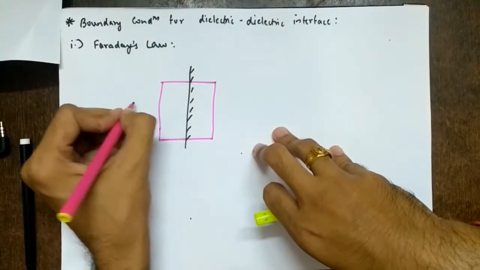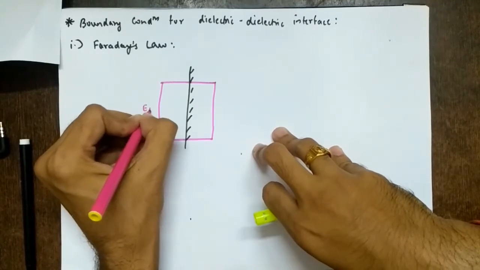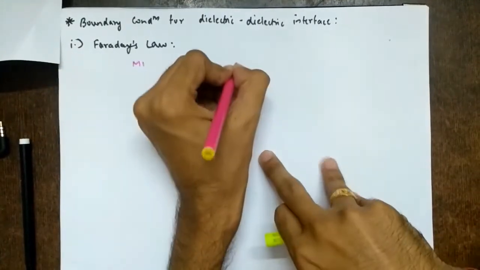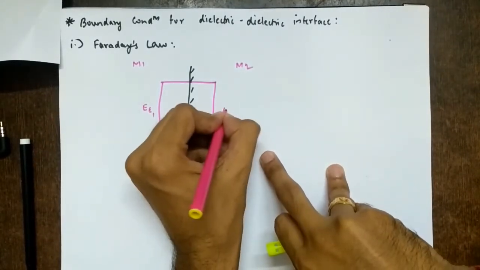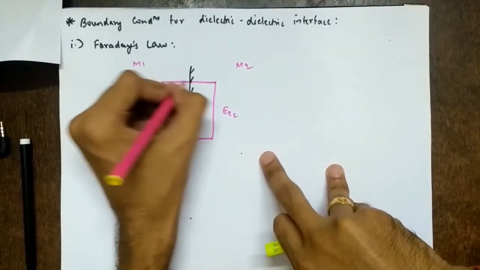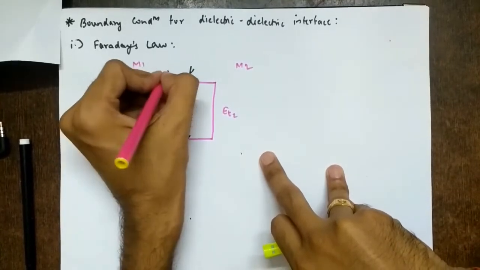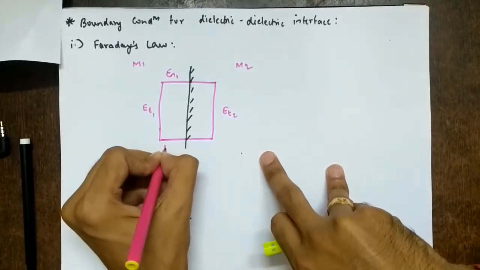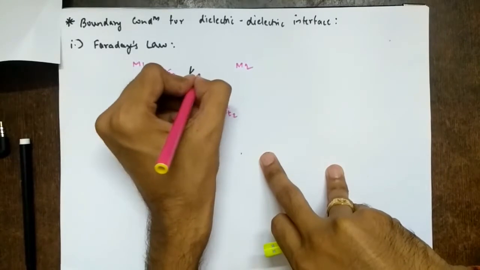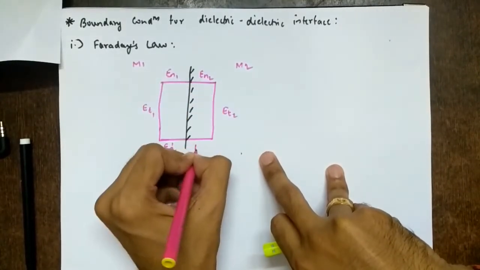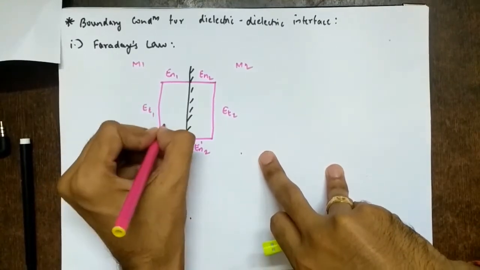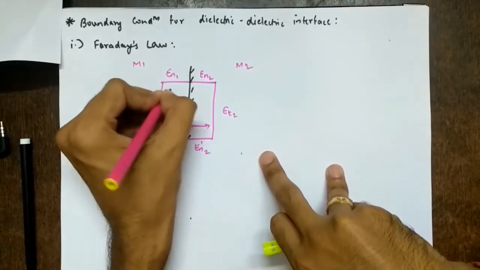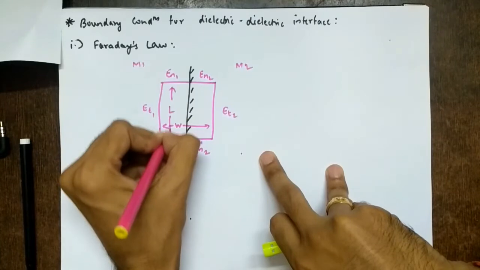One is tangential. Let's say this is medium 1, this is medium 2. So this will be ET1, this will be ET2. These will be normal components, normal to the boundary: EN1 and EN1 prime, EN2 and EN2 prime. And let's say the width of the rectangle is W and its length is L.